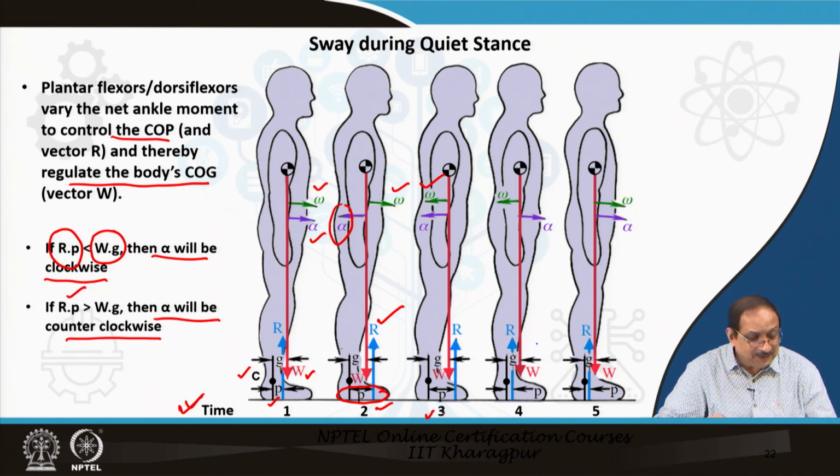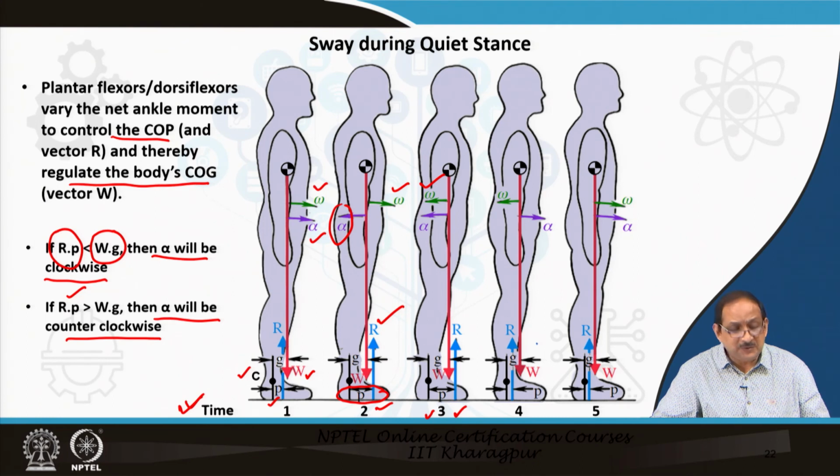So, at time instant 3, both angular velocity and angular accelerations are counterclockwise. The body at this time instant will be experiencing a backward sway as indicated in the figure, time instant 3.